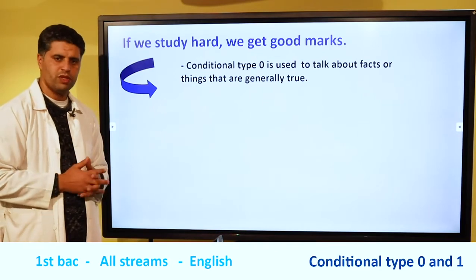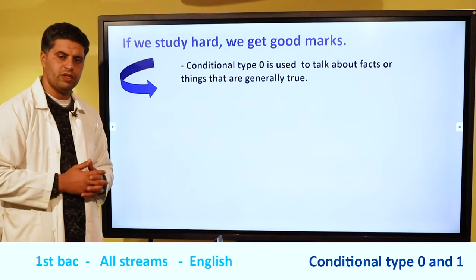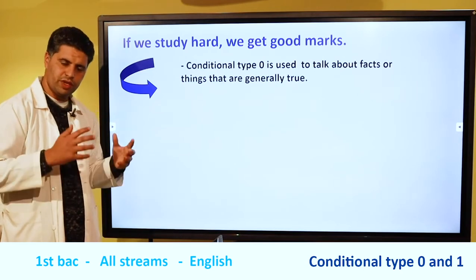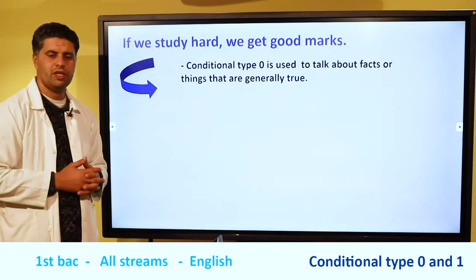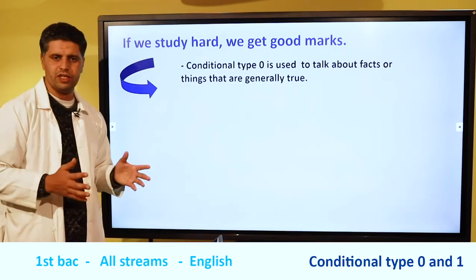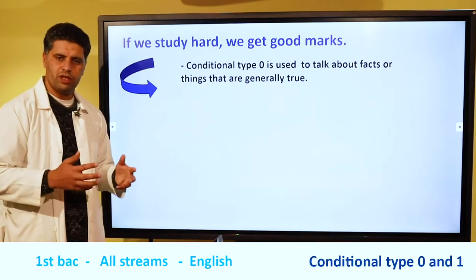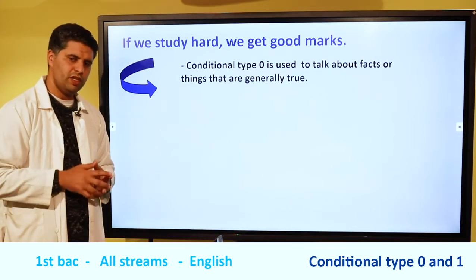So when we are talking about truth, we are talking about facts, something that is real, something that cannot be changed, something that we cannot change. For example, this sentence, if we study hard, we get good marks. So this one is a reality that everybody believes in.